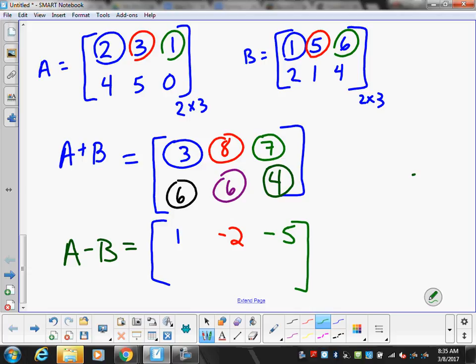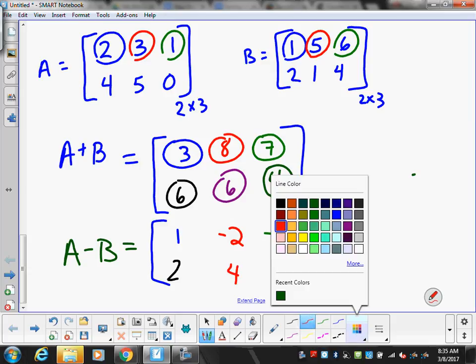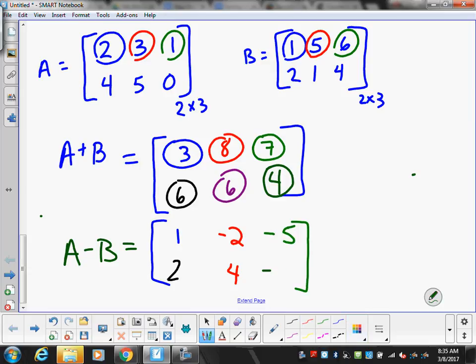Okay, so that process is the same. You're just subtracting and adding each individual element. Okay. 4 minus 2 is 2. 5 minus 1 is 4. And 0 minus 4 is negative 4.